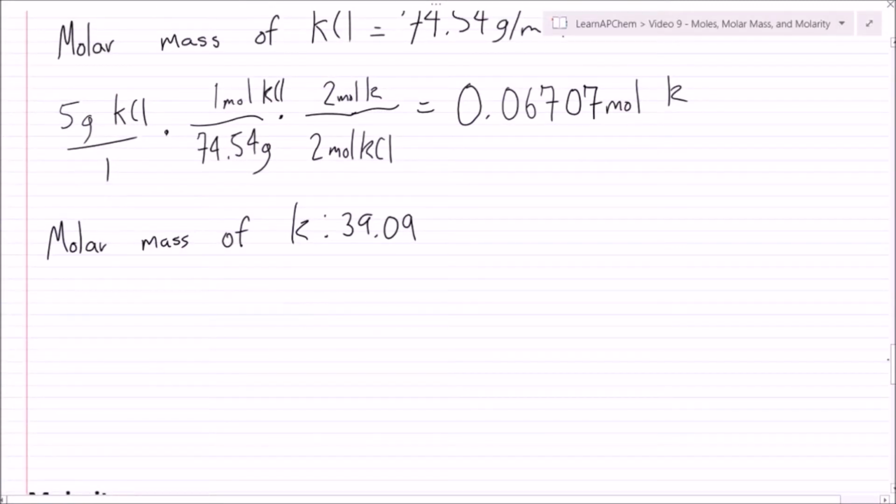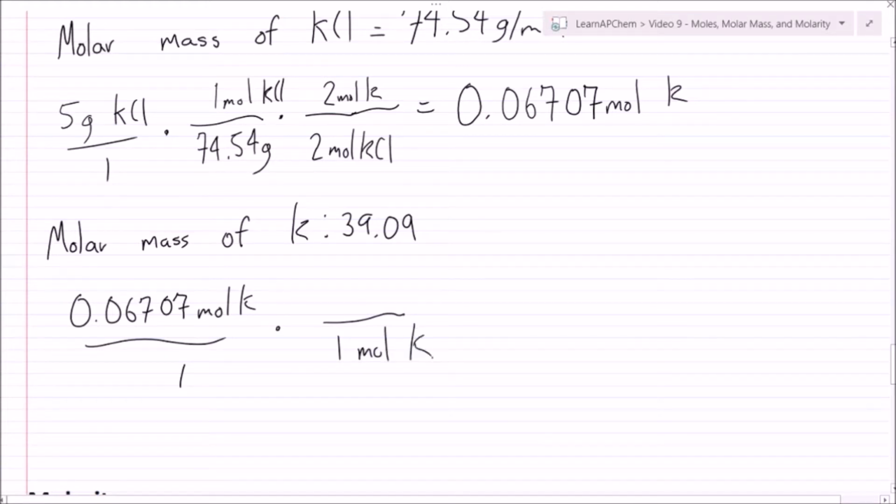Then I just want to convert moles to grams: 0.06707 moles of K over 1 times 1 mole of K being equal to 39.09 grams of K.